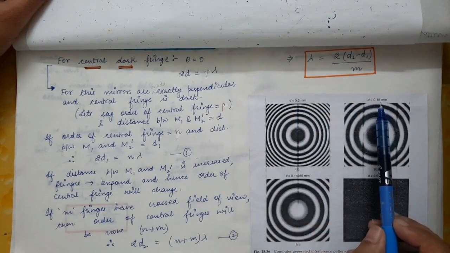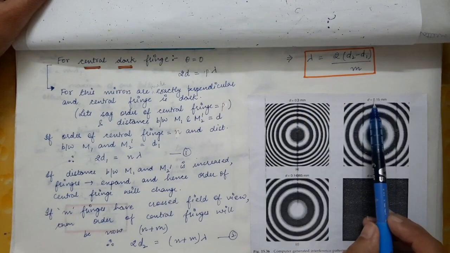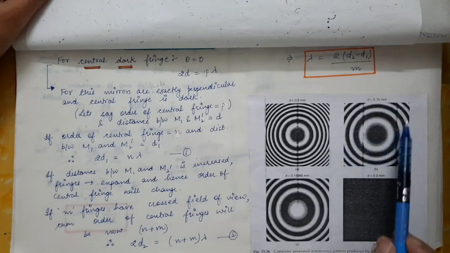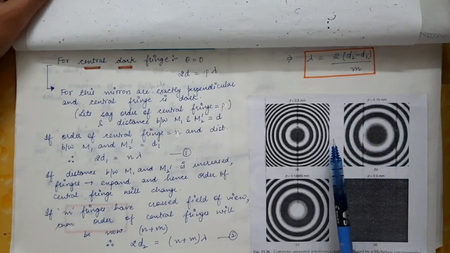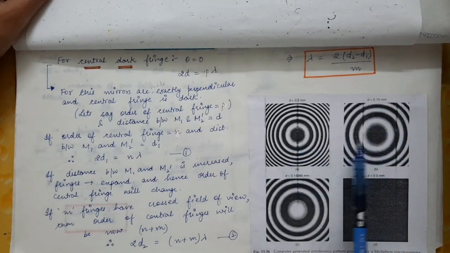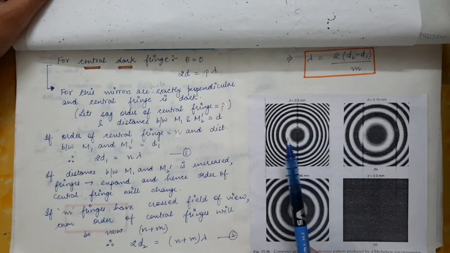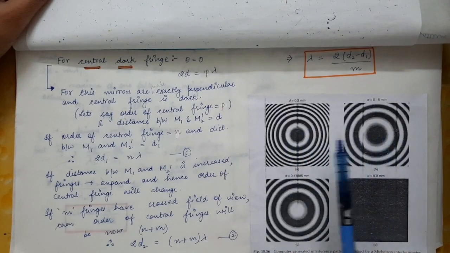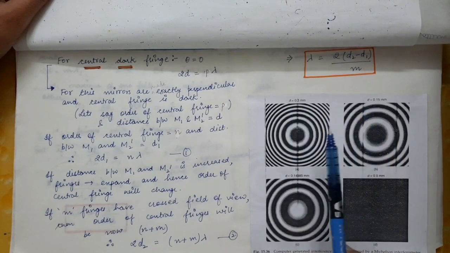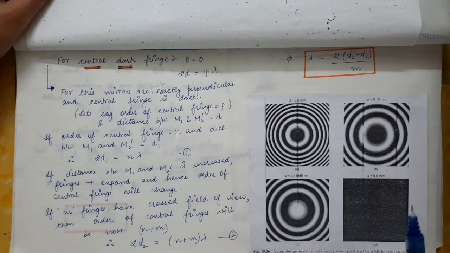Now when you decrease the distance to 0.15 millimeter, this is the interference pattern observed when D is equal to 0.15 millimeter. On comparing these two diagrams, you can see these fringes are more closely packed and these fringes are less closely packed. So when you decrease the distance, the fringes are less closely packed.